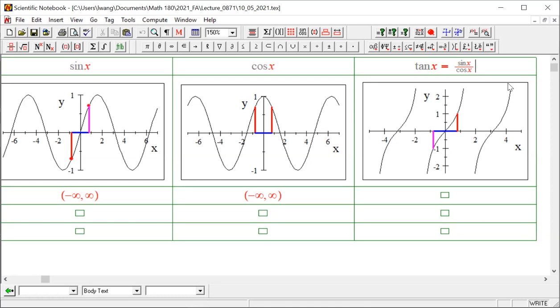What will cause cosine to equal 0? What are these points that cause cosine to equal 0? Look at the unit circle.